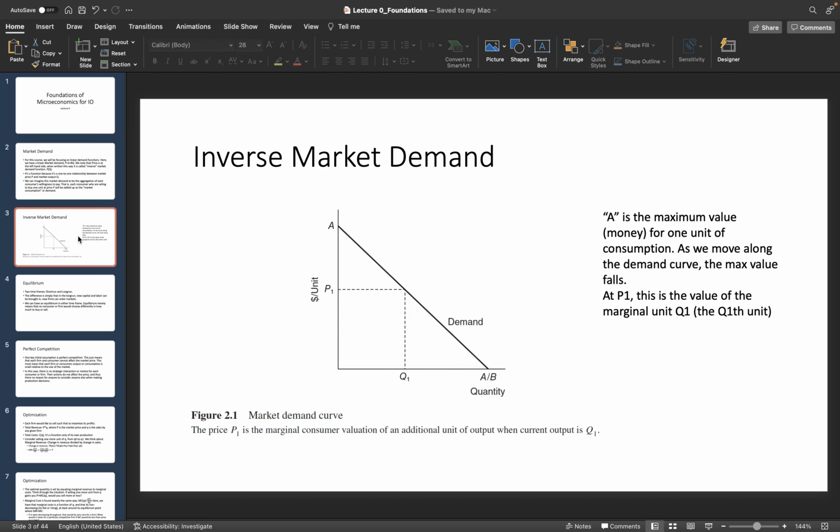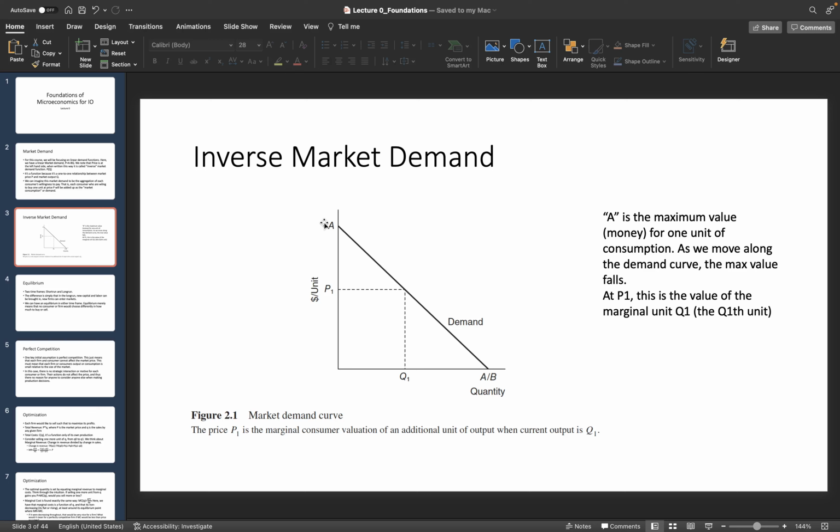Now here's the inverse market demand, which is exactly what we were just talking about. A is the y-intercept, and that's just the maximum value for 1 unit of consumption. If you think about the example we had earlier, where you had a population of people with different willingnesses to pay, A happens to be the willingness to pay of the person with the highest willingness to pay for the good.